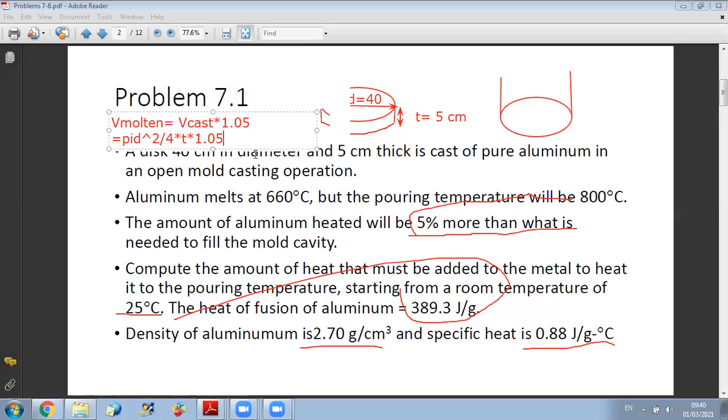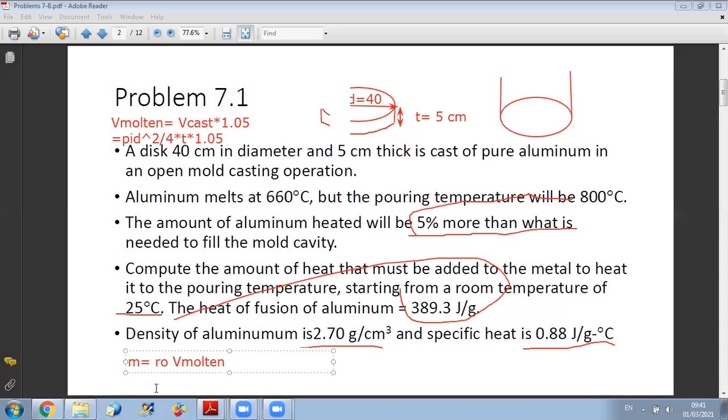Once we have the volume, then we will use the density of aluminum given. The density given will give us the mass to melt. So M is equal to rho times V, V that will fill the cavity, the molten metal.